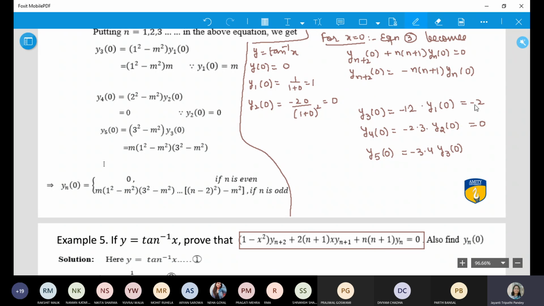What is y3? y3 is minus 2, so this is minus 2 into 3 into 4. Is this okay?